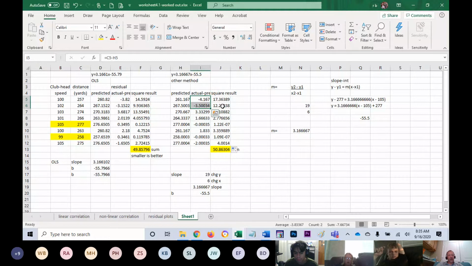And so as we look at this right here, you can see my sum works out to be 50. 49 is better than 50, and so therefore, because I have a smaller residual sum, the ordinary least squares method is better. Okay?